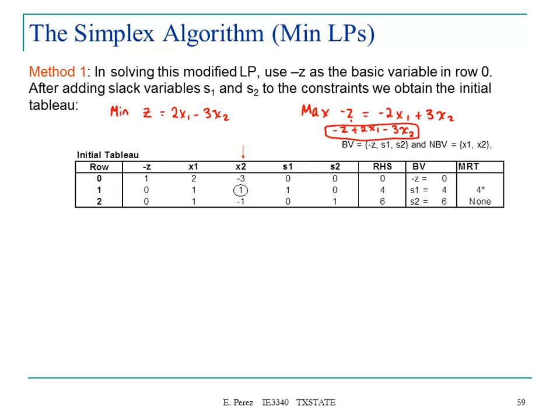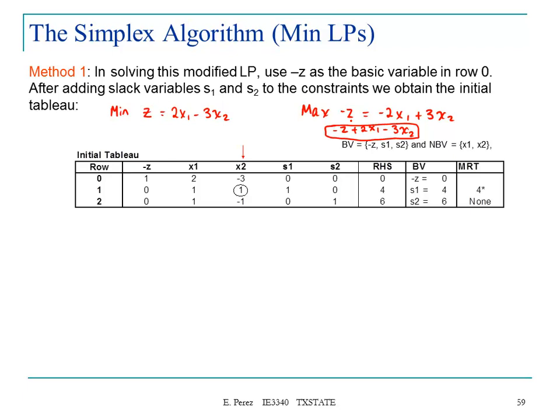Okay, so this is what we're going to put here in our first row. So minus z, coefficient of minus z is 1. The coefficient of x1 is 2. And the coefficient of x2 is minus 3. And the slack variables are 0 for the first row, for the 0 row.